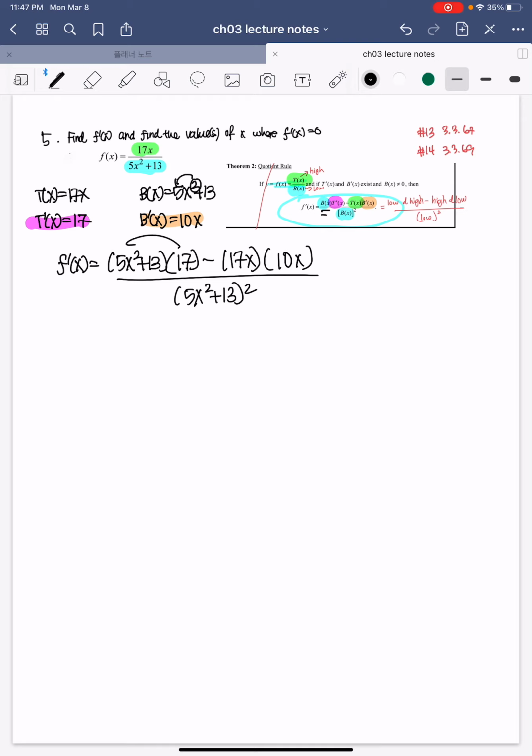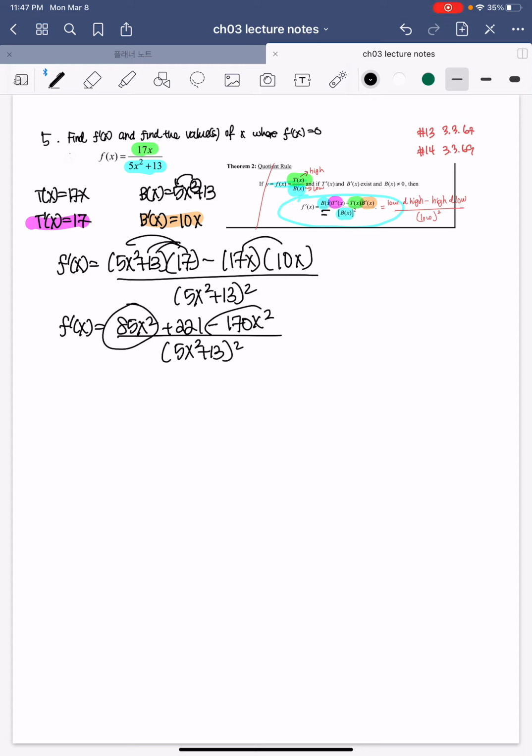Let's keep going with the distributive property. F prime of x will give me 5 times 17, 85x squared, plus 13 times 17, which is 221. This will give me negative 170x squared, all over 5x squared plus 13 squared.